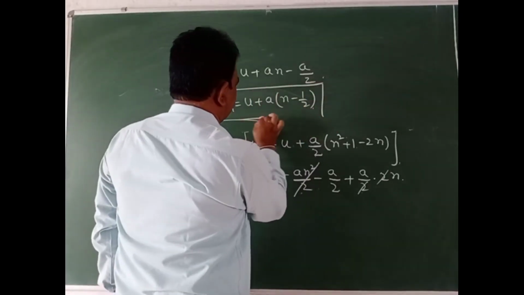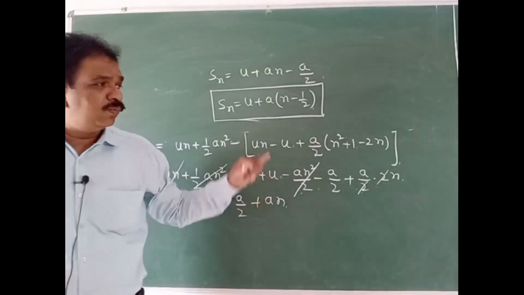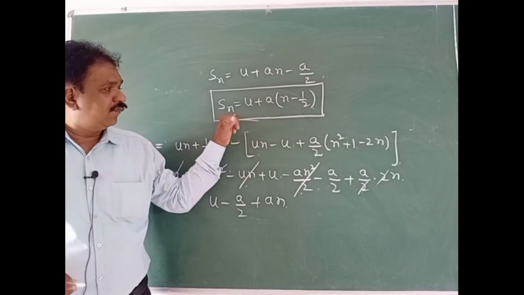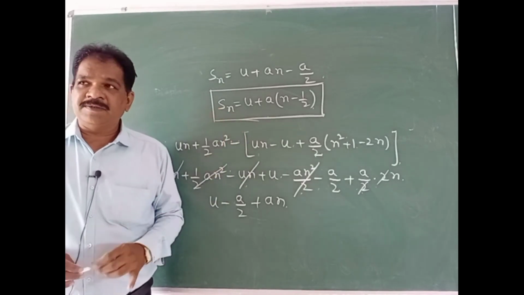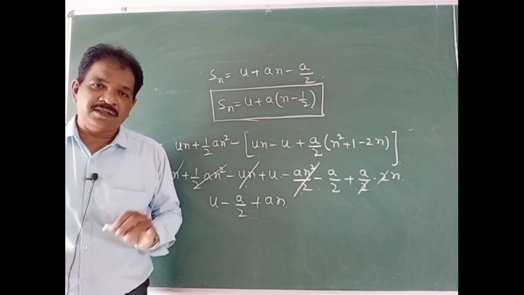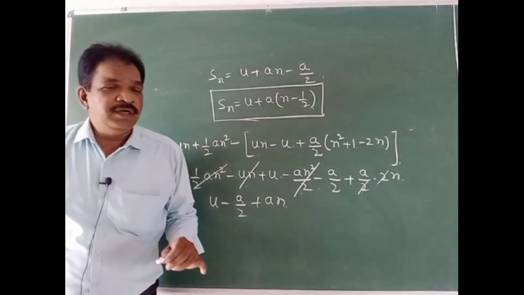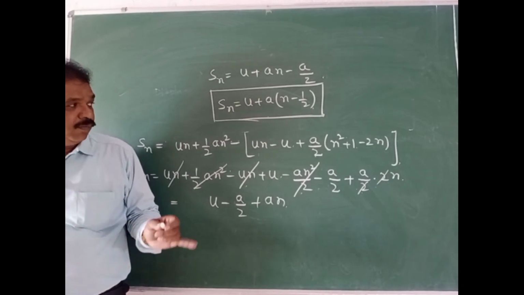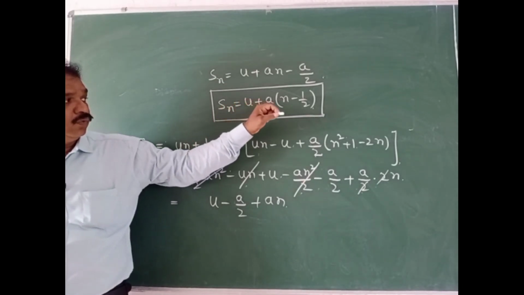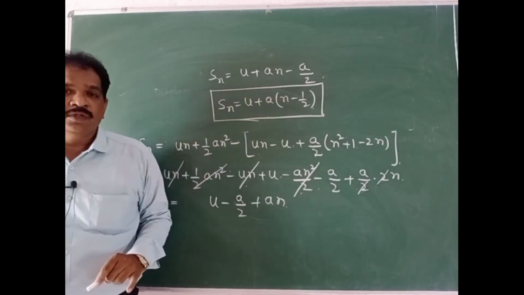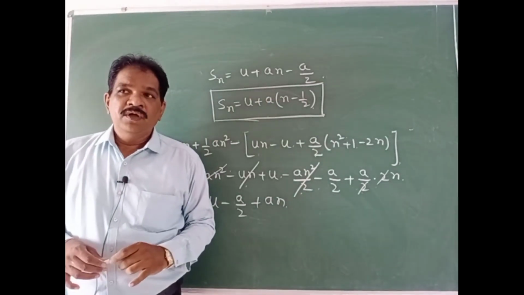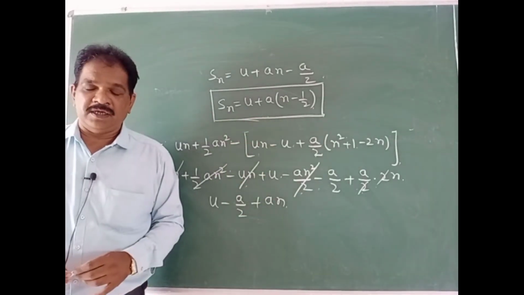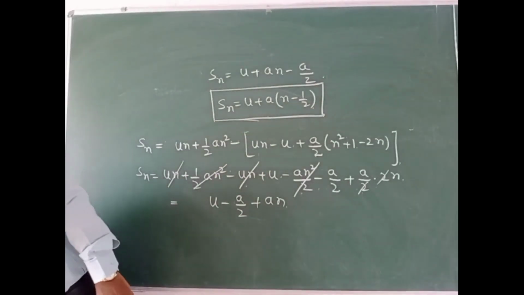So Sn is equal to u plus a into n minus half. This is the formula for displacement in the nth second. The point is clear. Find the displacement in the nth second. What is the formula? Sn is equal to u plus a into n minus half. This is how this formula came. Clear?